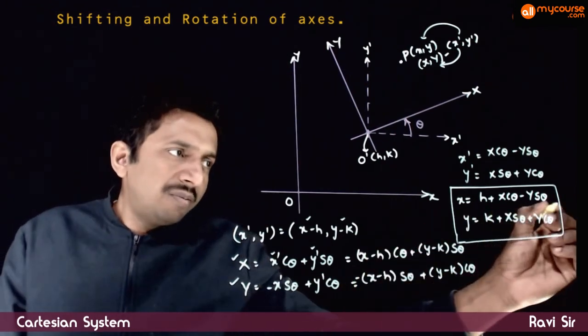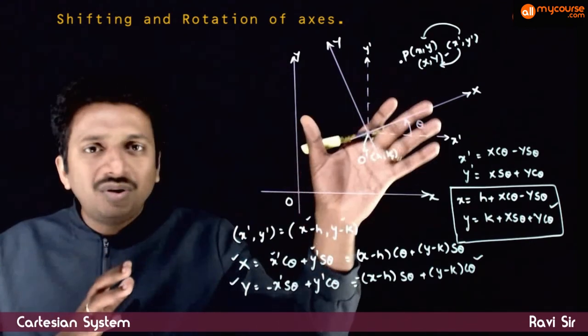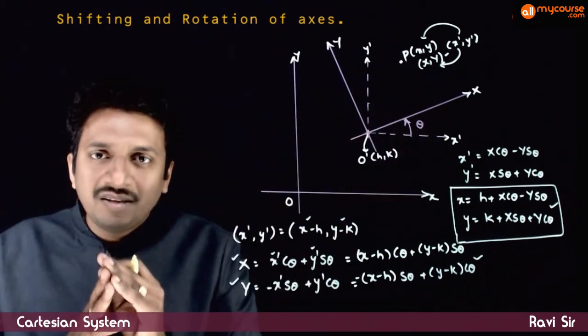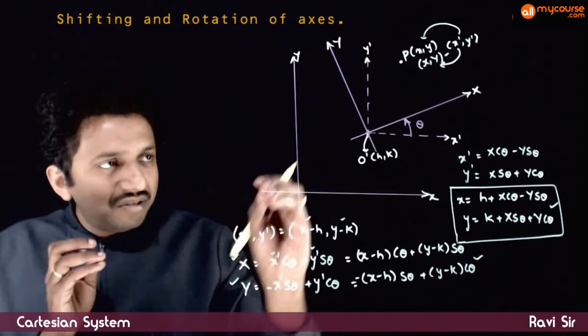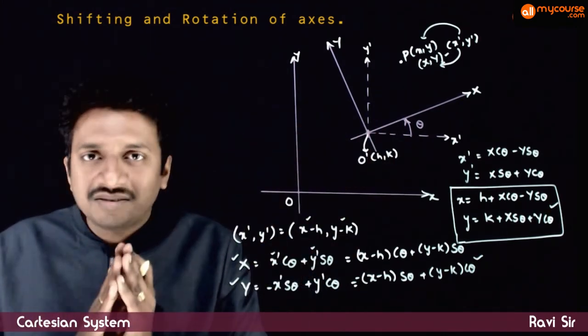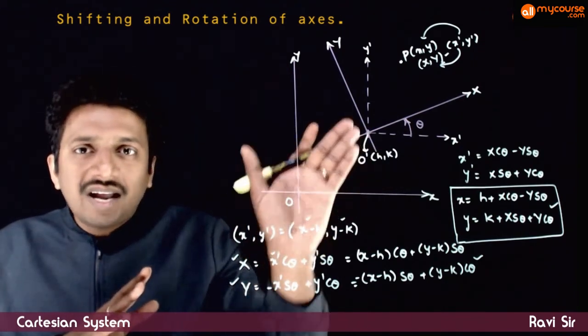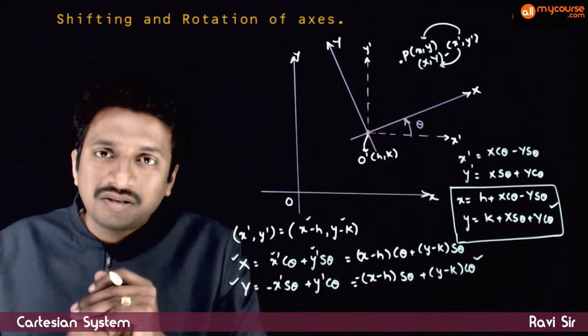So you don't need to remember this, but just need to understand how to do the transformation. If you just remember that first you need to shift the axis and then rotate the axis, you get the answers. So don't get confused, don't rotate first and then shift the origin.